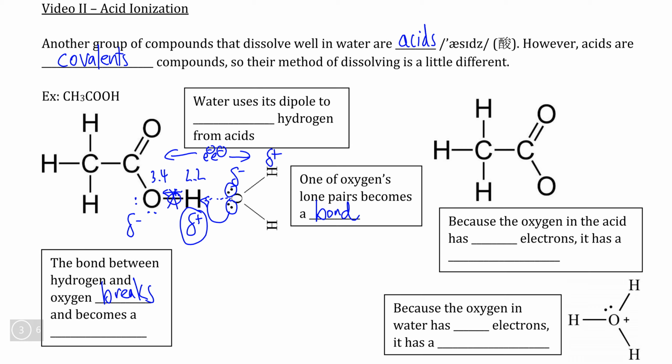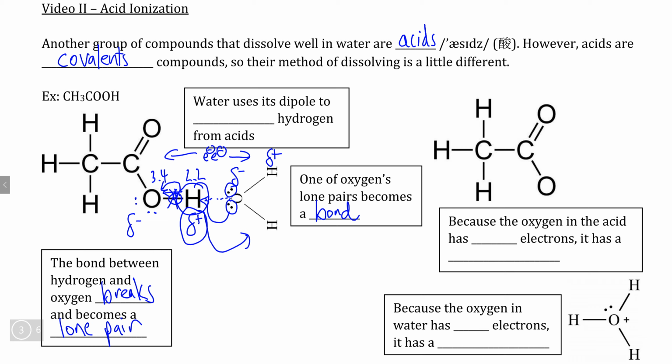So instead, we can take the two electrons from the bond and move them to this oxygen here so that they become a lone pair. What this effectively means is we've taken one lone pair from water and turned it into a bond, and broken a bond on the acid and turned it into a lone pair, as we've seen here. The result is that this hydrogen has been broken off from the acid and added to water.